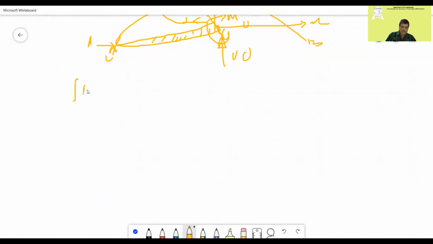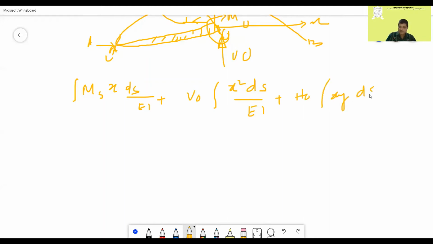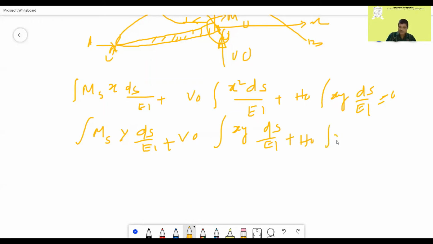The equations you wrote earlier become, in terms of this, Ms x ds by EI plus V0 x square ds by EI plus H0 xy ds by EI. And the second equation becomes Ms y ds by EI plus V0 xy ds by EI plus H0 y square ds by EI.